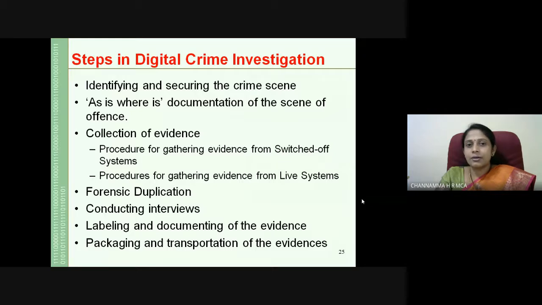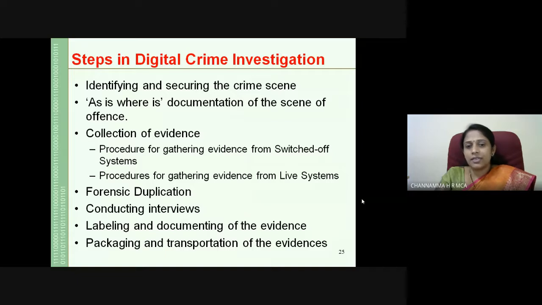So this is a form. At the scene of crime they have to fill it up, that is, where the equipment is present. He can give a sketch, or he can take a photograph of the scene of crime, and then collect evidence from the live systems or the switched-off systems.